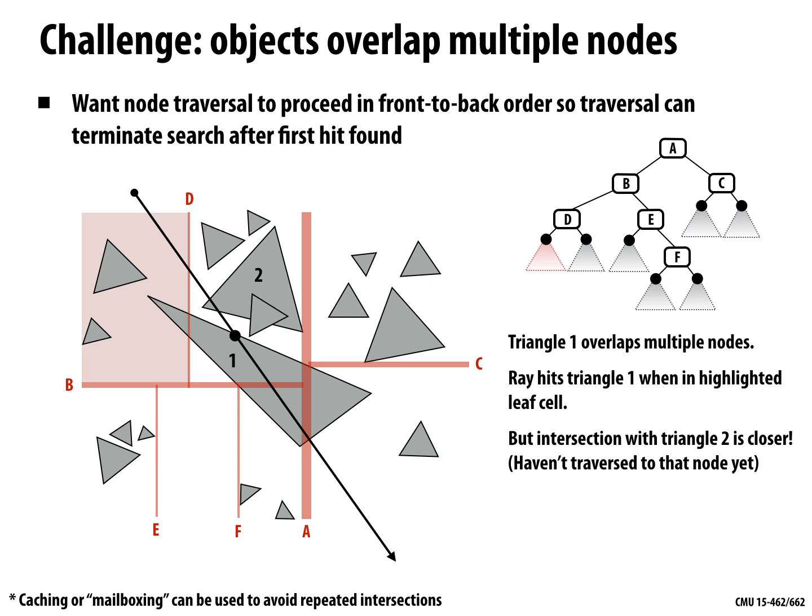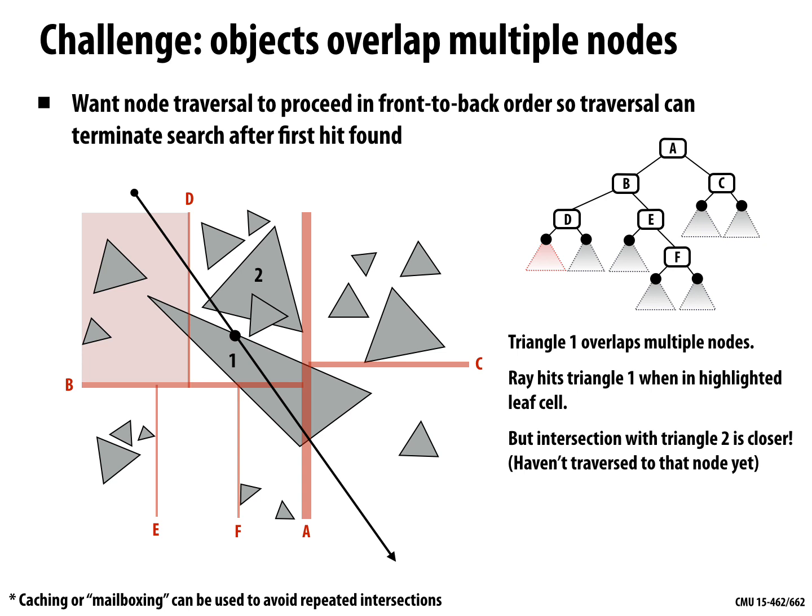The triangle actually occurs in some other node, the hit actually occurs in some other node. And this is kind of a problem because even though we already found a hit, it'd be dangerous to cut out early. We don't know for sure yet that this is the closest hit. In fact, we can see pretty clearly in this example that there's going to be an intersection with triangle 2 that's closer than the one we found with triangle 1.